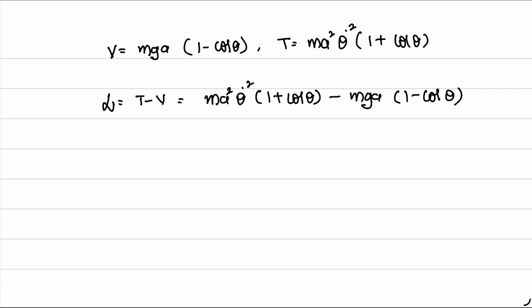Now, partial differentiation with respect to theta dot, we will keep all other things as constant.